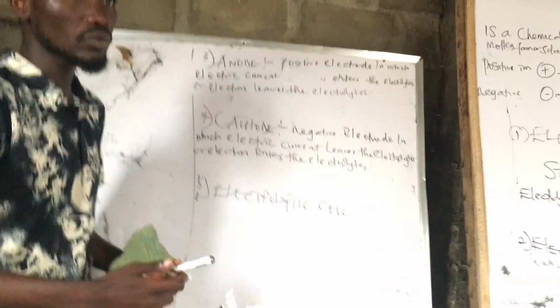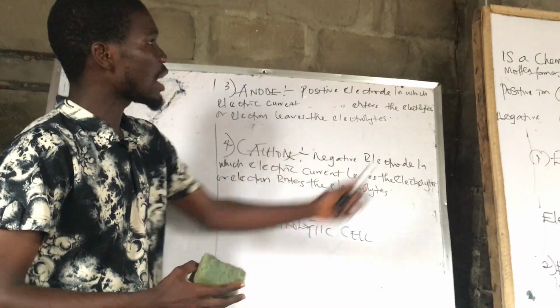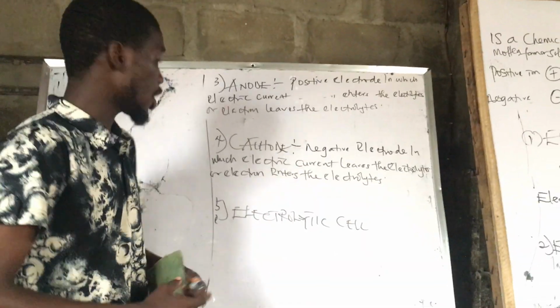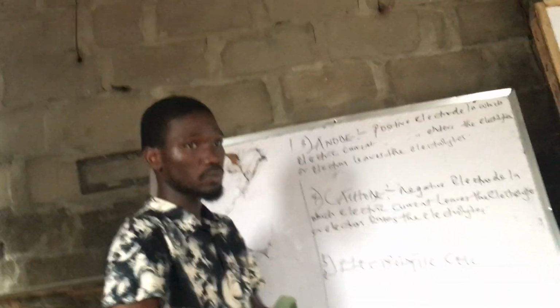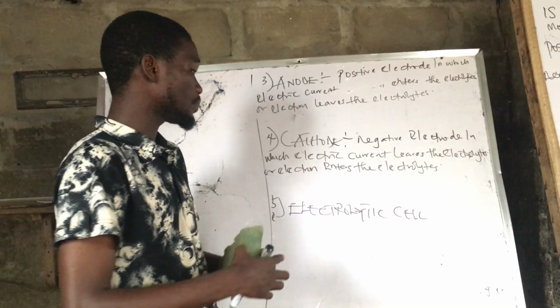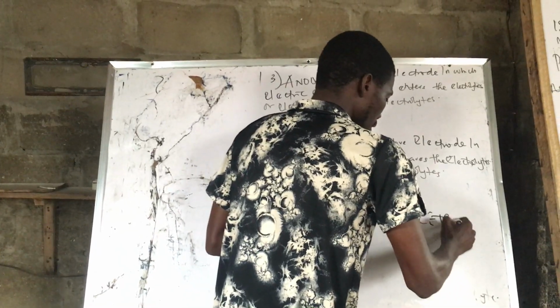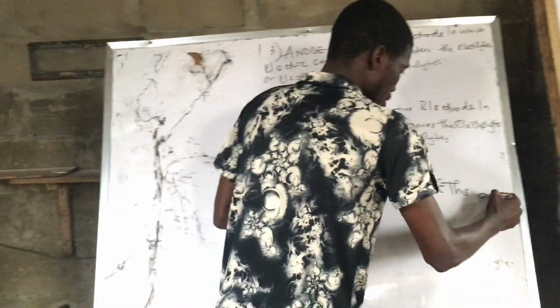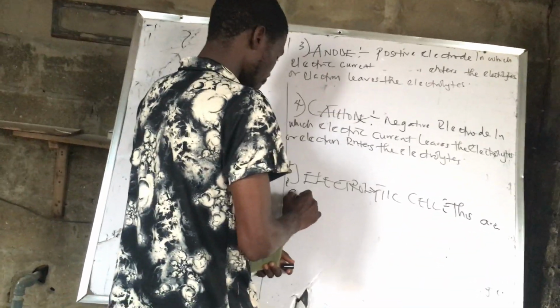So class, I will explain the electrolytic cell here, then I will sketch out the diagram over there. So class, what is an electrolytic cell? An electrolytic cell contains a container.